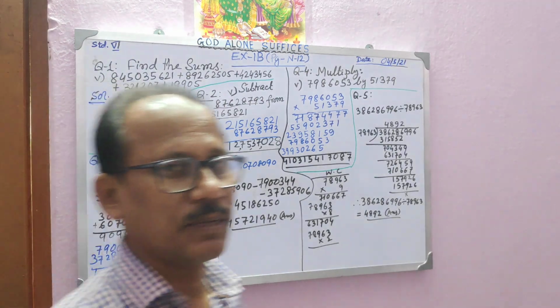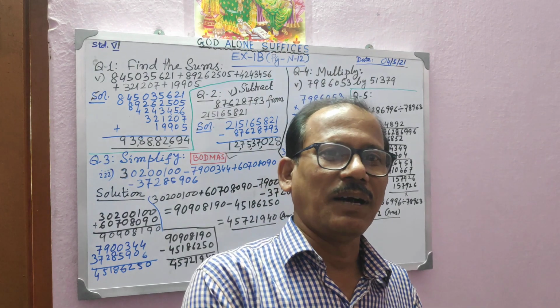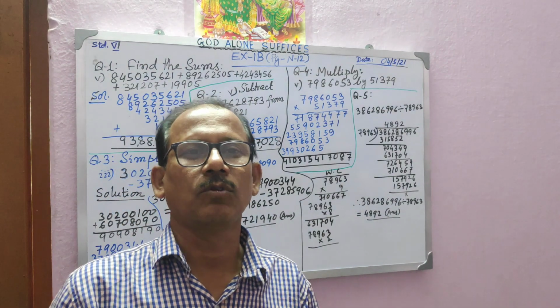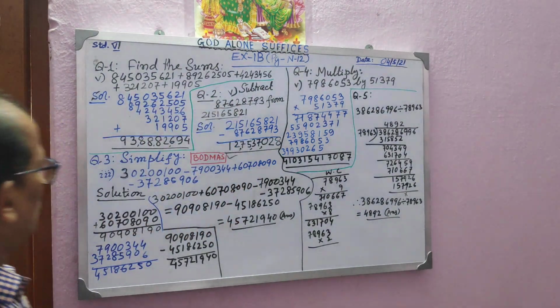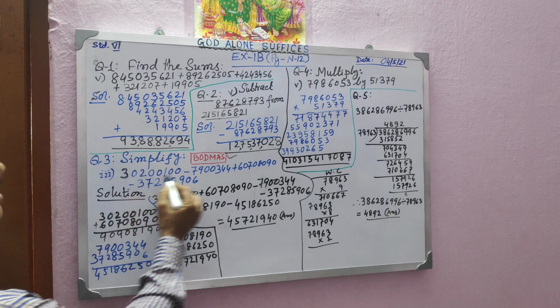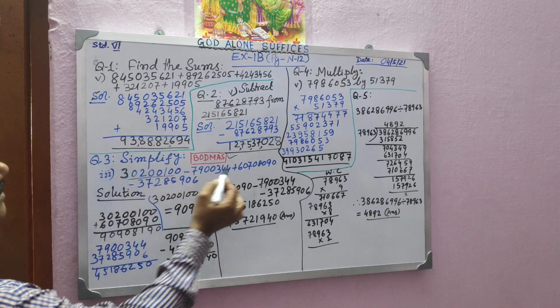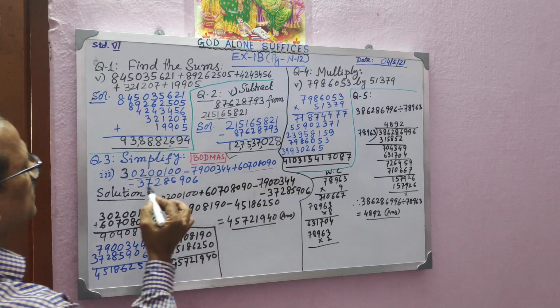Plus and minus sign simplification, what will you do? All the plus addends you will add separately, then all the minus numbers you will add separately, then if it is plus minus, you have to do the subtraction. Arrange this way. First you write down this, then arrange all the plus numbers. This is having a plus sign, this is also having a plus sign, so you have written these two.